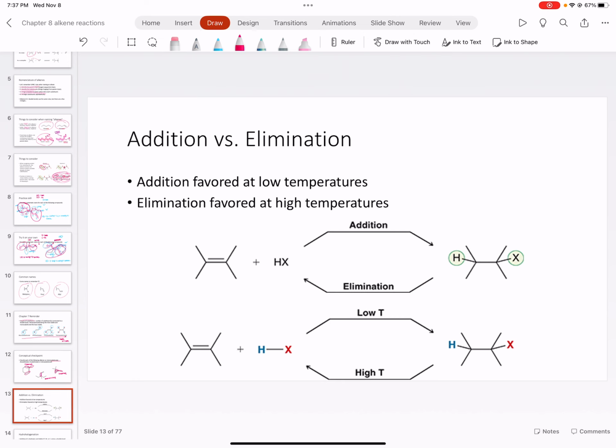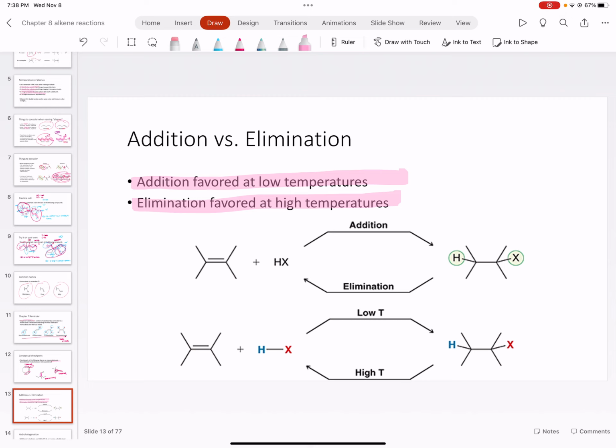Okay, so we have addition versus elimination. There are some factors to consider. Addition is favored at low temperature, while elimination is favored at high temperatures. I feel like this is a little easier to consider if you think about what happened in chapter 7.